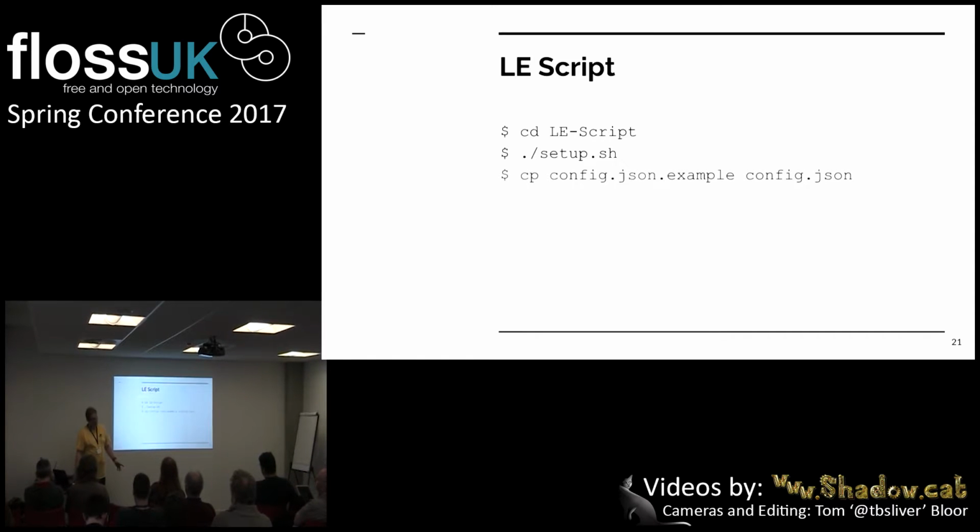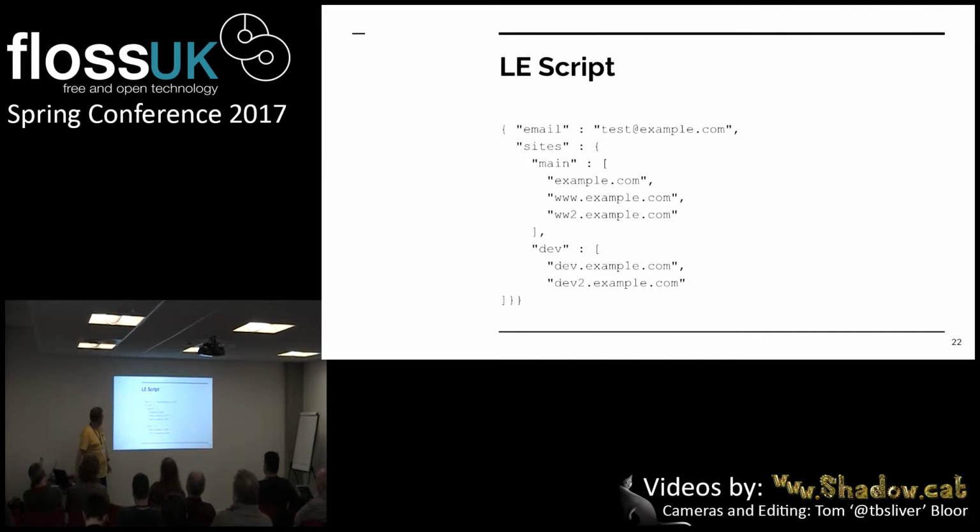After that, you can set up a config file. I've got an example config file there. Copy it across, and then open it in your editor of choice. Here is the simple example that's actually included with it, which has 2 sets of certificates it'll fetch.